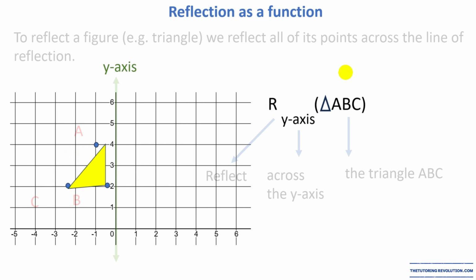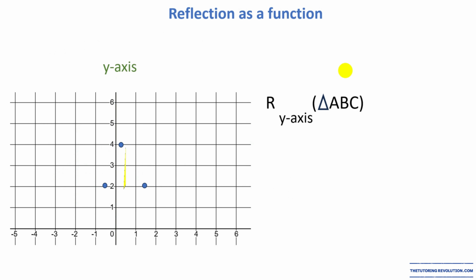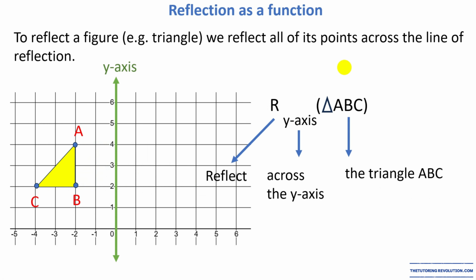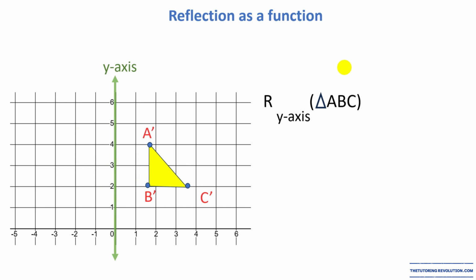Just like the animation shows, we're flipping the triangle, or reflecting it, across the y-axis. And we generate a triangle A prime, B prime, C prime.